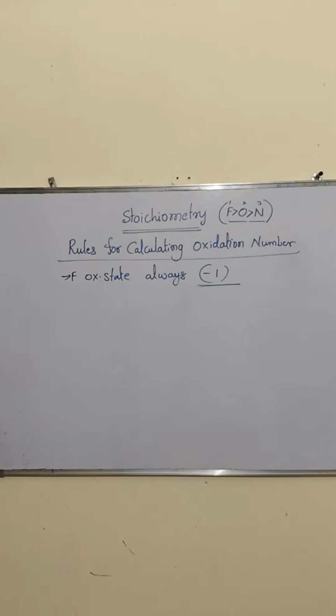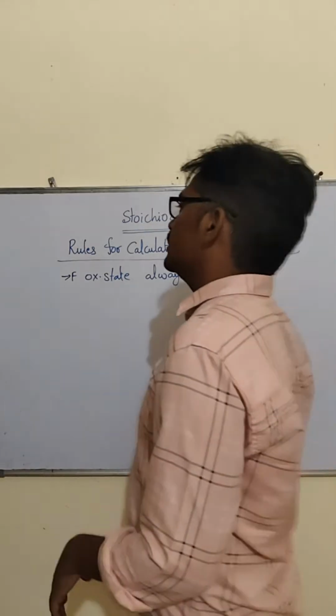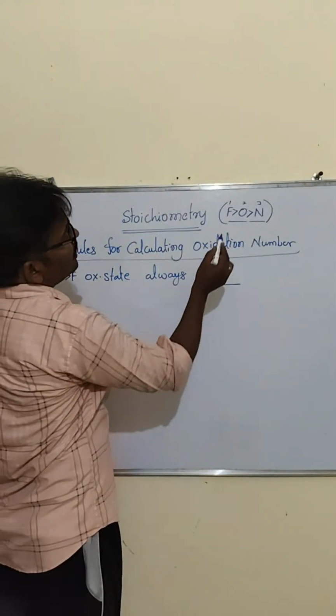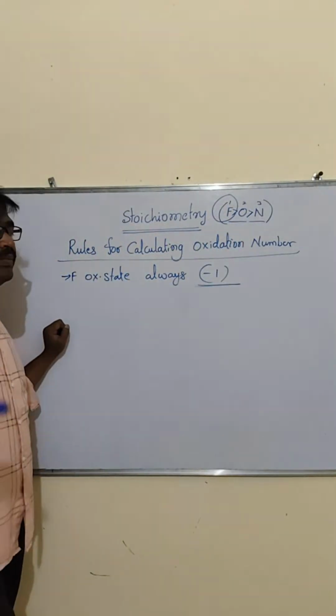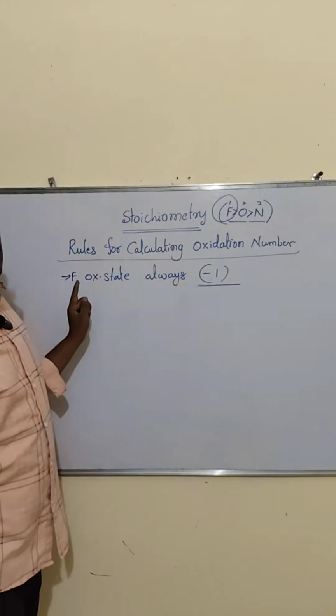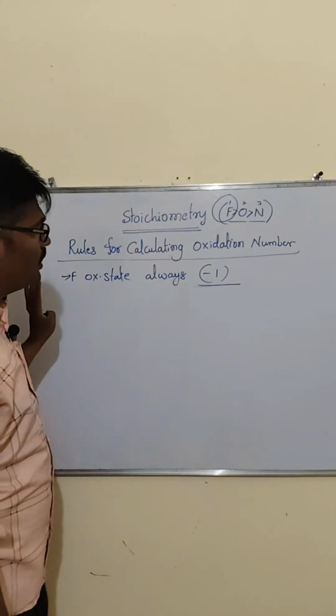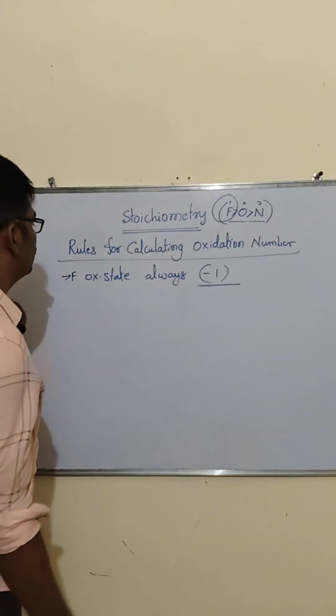Sir, why oxidation state of -1? Because I told you that fluorine is the most electronegative atom in the entire periodic table. So whatever fluorine is attached to, its oxidation state will be -1.